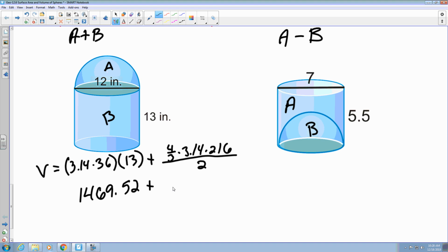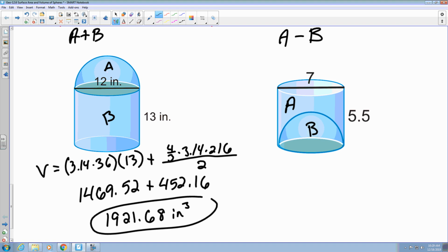I get 904.32, which is the volume of an entire sphere, but it's half of the sphere, so we divide it by 2. Now I get 452.16. So now I add those together, 452.16 plus 1,469.52, and I get 1,921.68, and it was cubic inches.